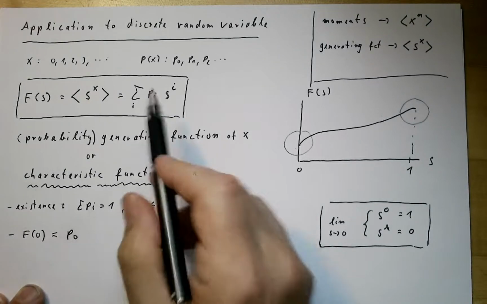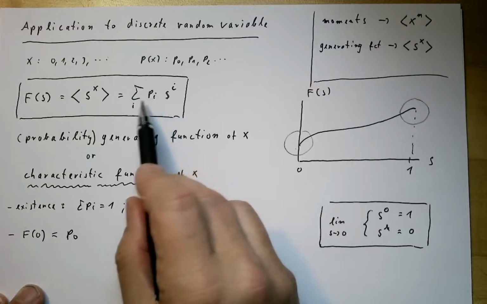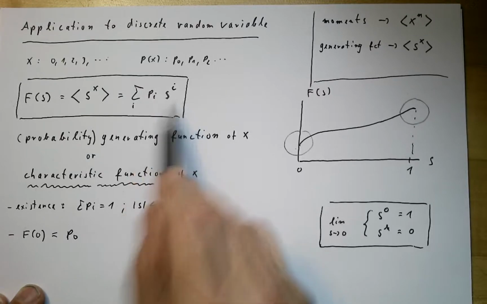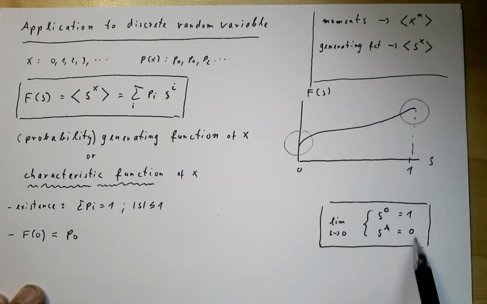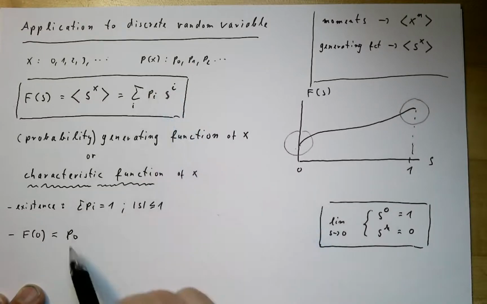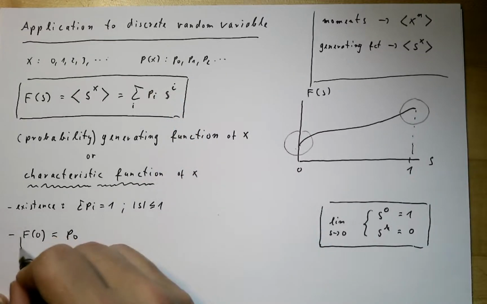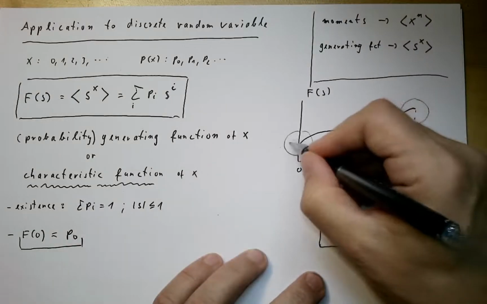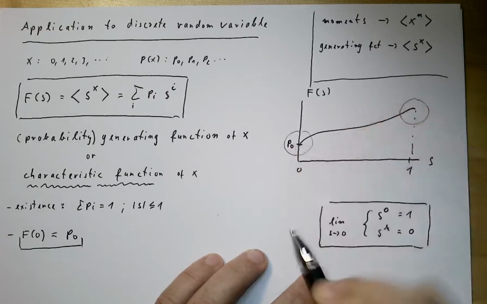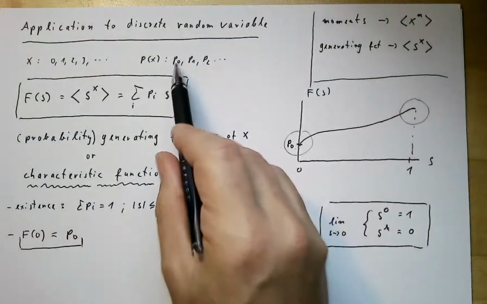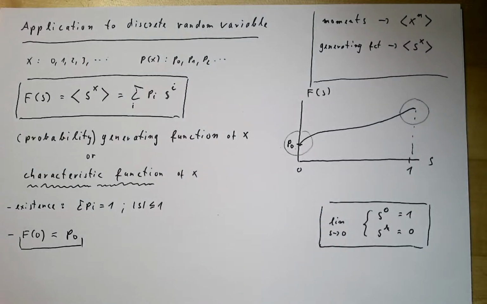For all other terms in the expansion of the sequence, we have 0 terms, and only when i equals 0 is this 1, and then the p_0 stays here. So we know this function starts with the value of our first probability.